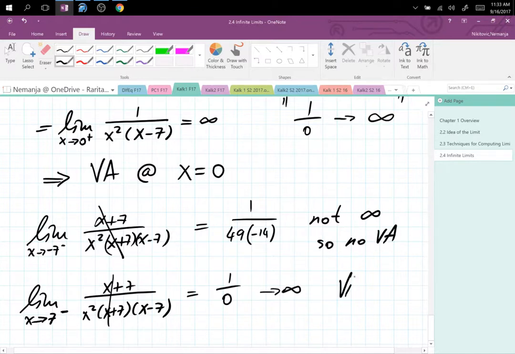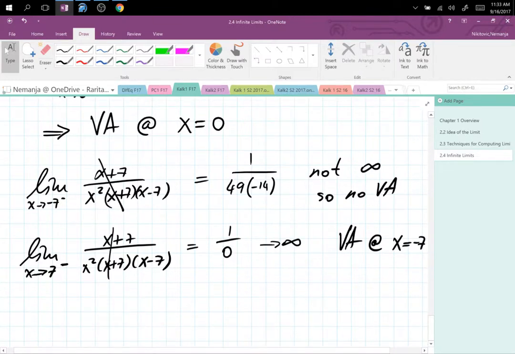So we have another vertical asymptote at x equals positive 7, yes, thank you. So we have 3 candidates and 2 vertical asymptotes in this case.